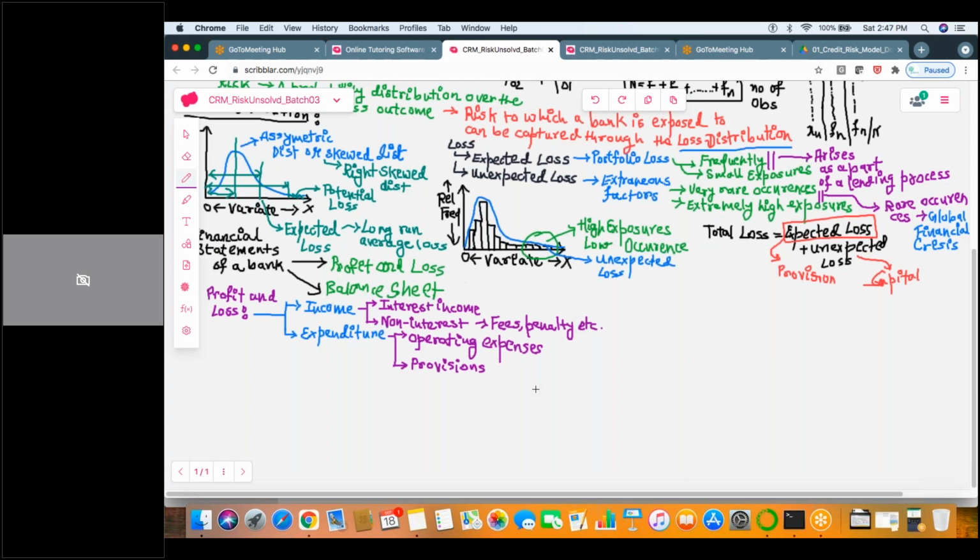So these are the key factors that we would have. When I talk about the income and the expenditure, the income comprises of the interest income and the non-interest income. The expenditure comprises of the operating expenses and the provisions.